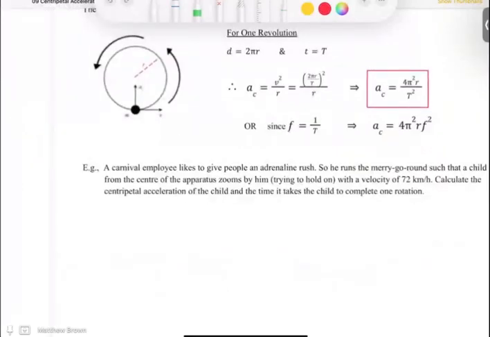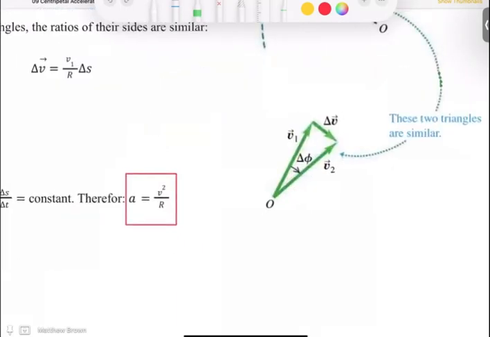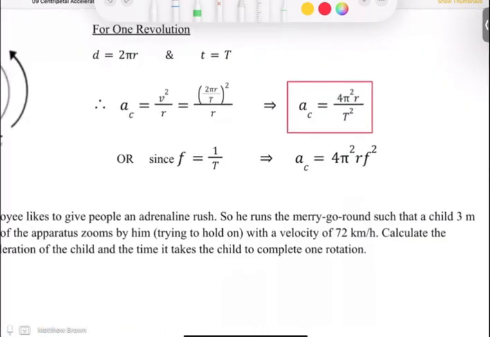So if you're trying to put together a formula sheet, these two right here I think would be the two biggest ones you would need. The centripetal acceleration itself, v squared over r, and this one here for centripetal acceleration. Just understand what it is for something to go around in circular motion. Then you can use this here.